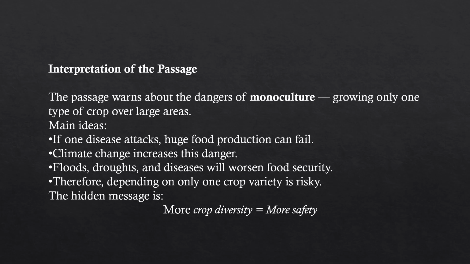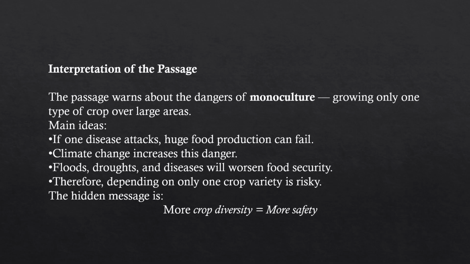Now understand a simple interpretation of the passage. The passage warns about the dangers of monoculture, growing only one type of crop over large areas. What is the main idea? If one disease attacks, huge food production can fail. Climate change increases this danger. Floods, droughts, and disease will worsen food security.